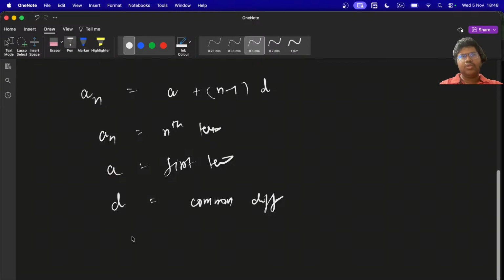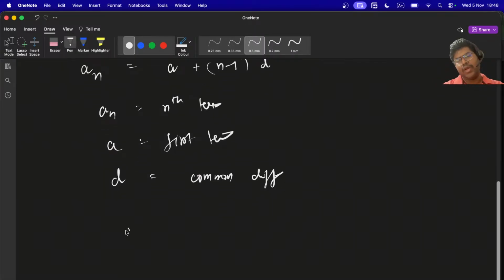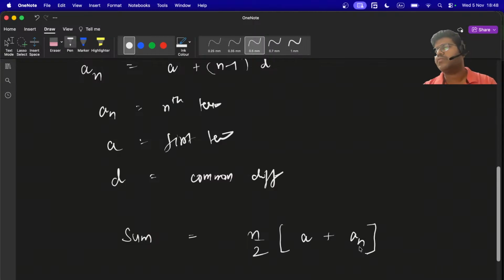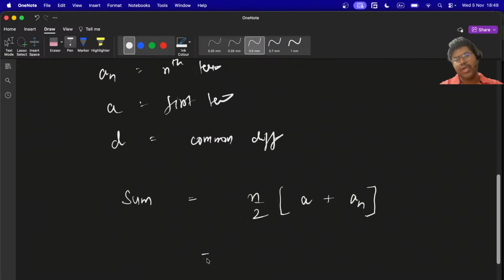Now the formula for the sum of an AP is n over 2 times (a plus an), correct? And this can also be written using an, which we know already.